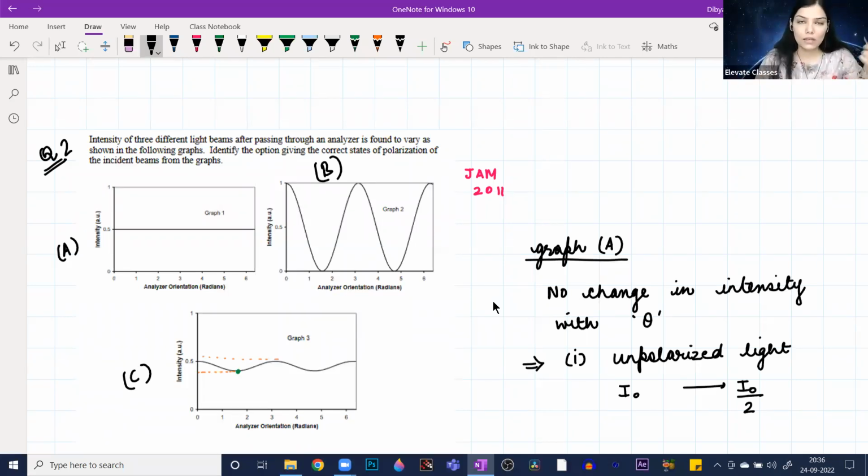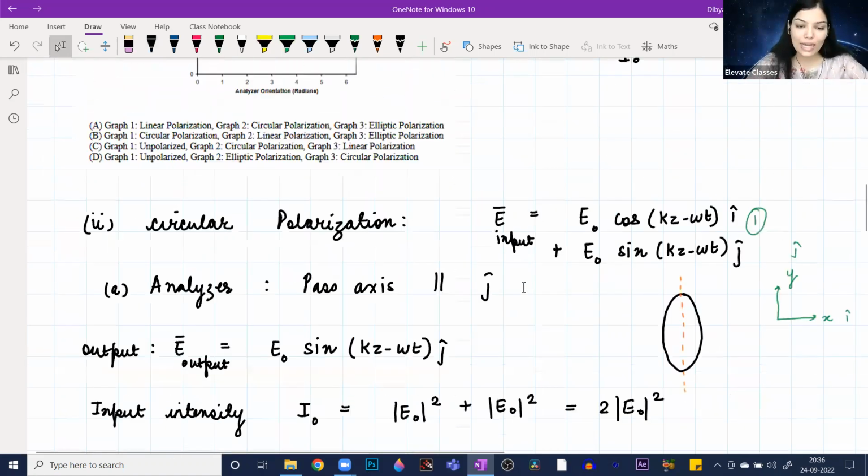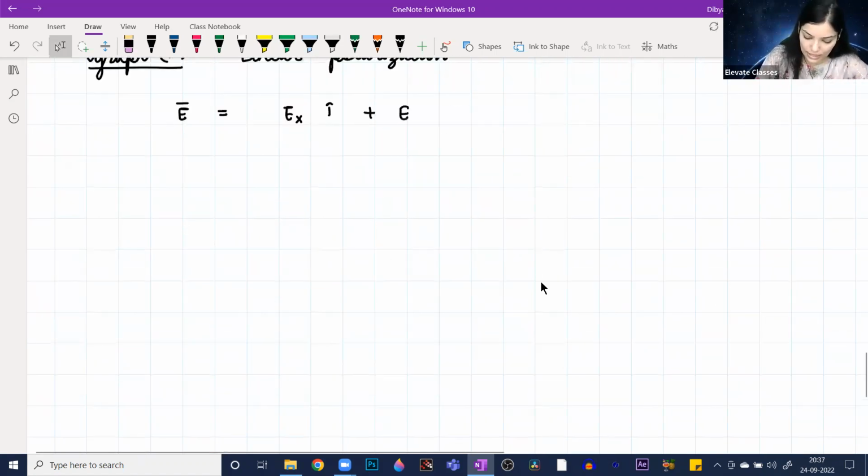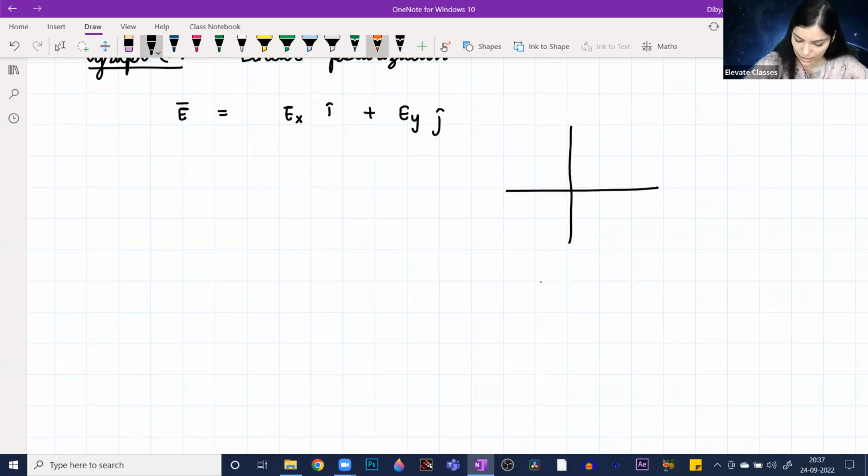So what this tells me is that it can correspond to a linear polarization in which my electric field is either parallel to I or either parallel to J, or if it has two components, अगर उसके इस तरह के भी दो components हैं, EX and EYJ भी हैं, तो let us draw this. Let us say then this is my electric field E, ठीक है, corresponding to this. So now I can orient my analyzer in this direction, that is at a perpendicular angle. So this can be the analyzer का pass axis.